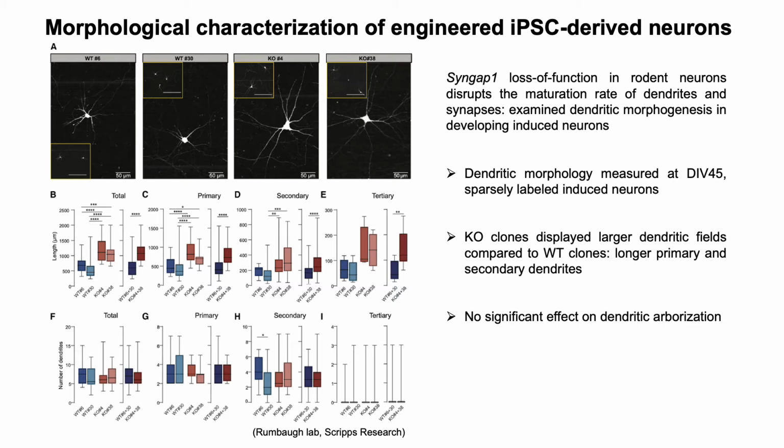After measuring the length of the primary, secondary, and tertiary dendrites, they see that the knockout clones display larger dendritic fields compared to the wild-type clones. However, in contrast to the length, the complexity of the dendritic arbors was not affected by SYNGAP disruption.